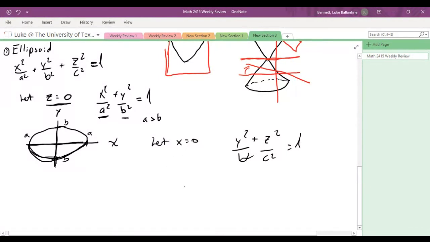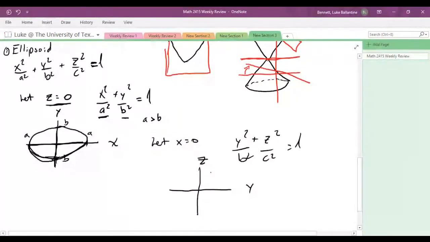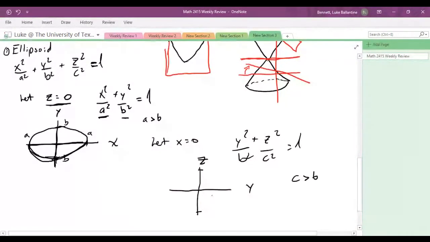Suppose the y-axis is horizontal and the z-axis is vertical, and this time let's have c greater than b. It would look like this.